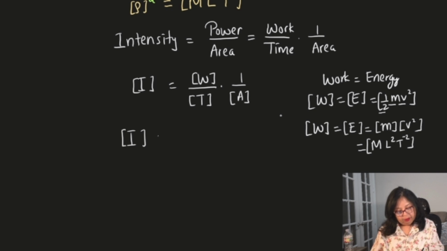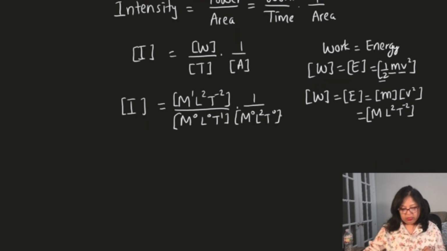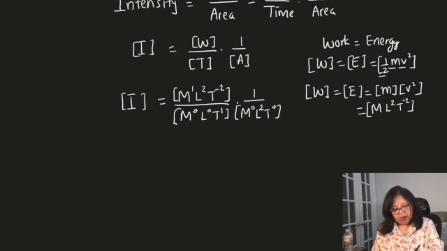This gives me dimensional formula for I equal to m1 L2 t minus 2 divided by m0 L0 t to the power 1 times 1 over A. A is m0 L2 t0. Let's see. Now here, this m1 divided by m0, what does this give me?